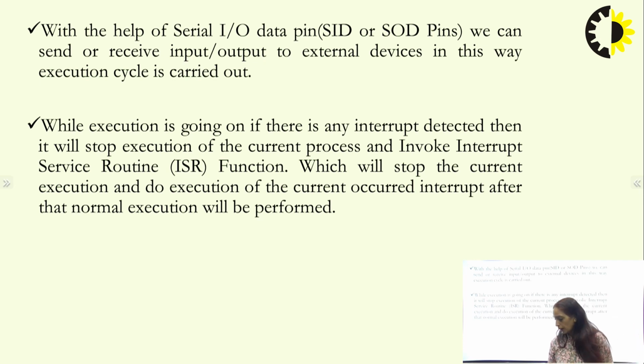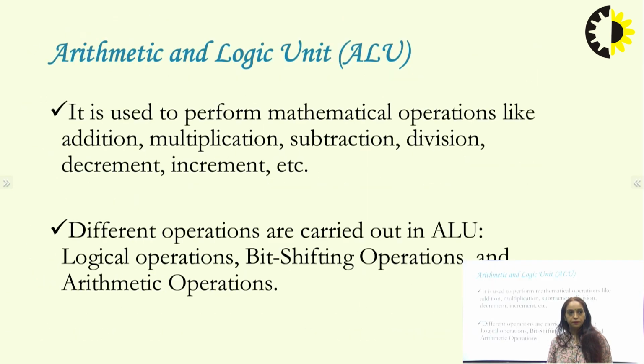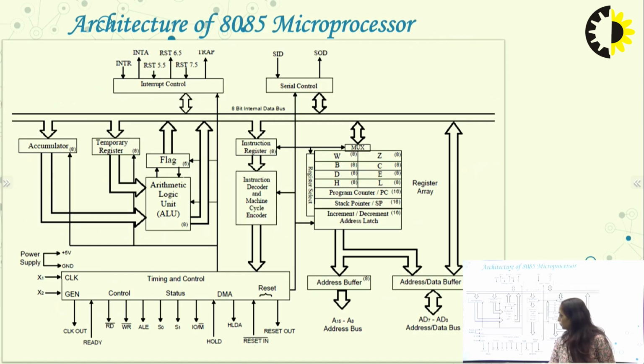Now let us quickly go back to the block diagram and check the working. So here we have the program counter, which will tell you from where the execution is to be started. From that, your address bus and data bus will pick the address from the program counter, and the data stored in these registers will be passed to the instruction register.